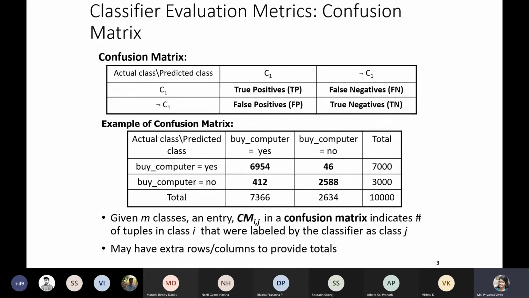Assuming, for example, you remember that Bayes theorem question, no? We have cancer, the patient has cancer, and the model is testing it as positive or negative. When I say true positive, the patient actually has cancer and the model also predicted that he has cancer.